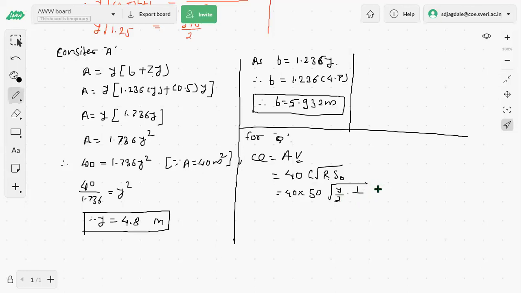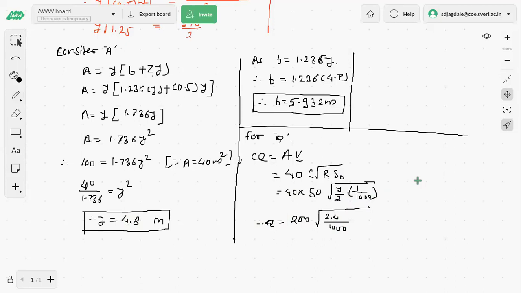Therefore Q is equal to 40 into 50, that is 200, into root of y, which is known to us now. It is 4.8 by 2, meaning 2.4, divided by 1000. Just simplify it, you will get the discharge Q.